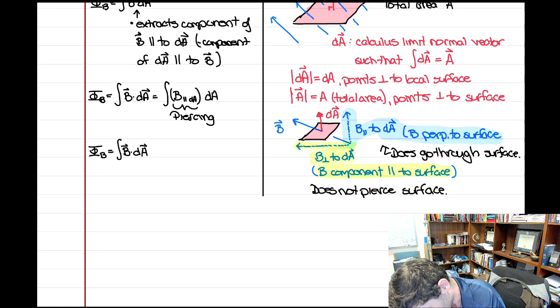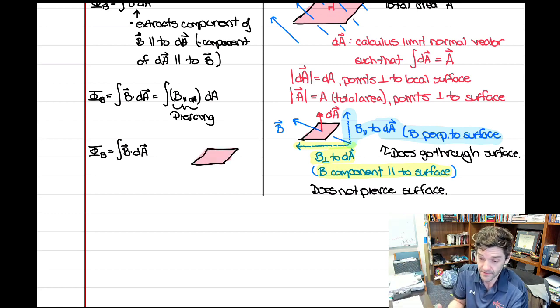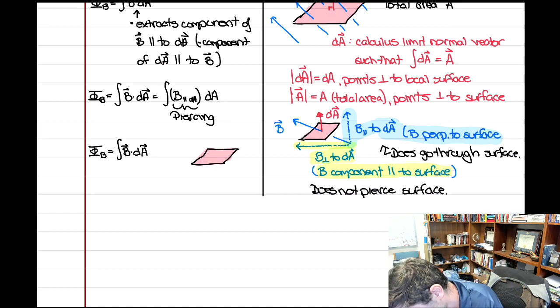So if I have some area, I'm going to define a surface that is the surface I'm interested in calculating the flux through. Notice it's an enclosed surface. Can you have a non-enclosed surface? No. There's some overall area associated with it, so I'll write this as dA.